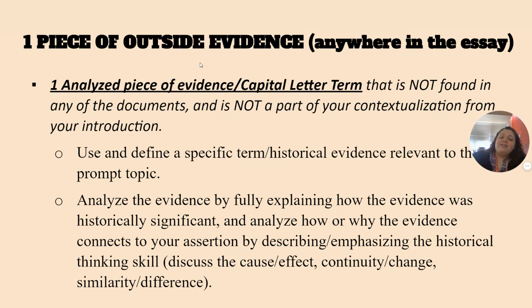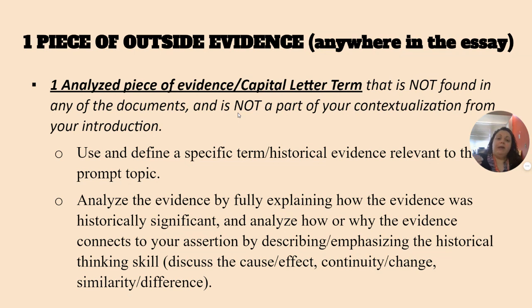A lot of students get so caught up in the documents, they forget to bring in a piece of outside evidence. So what is outside evidence? Well, it's a capital letter term, but it cannot be in any of the documents, and it cannot be your contextualization.